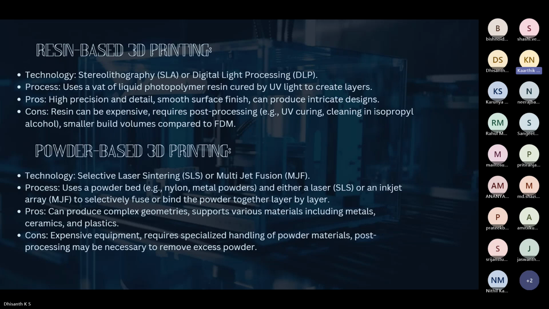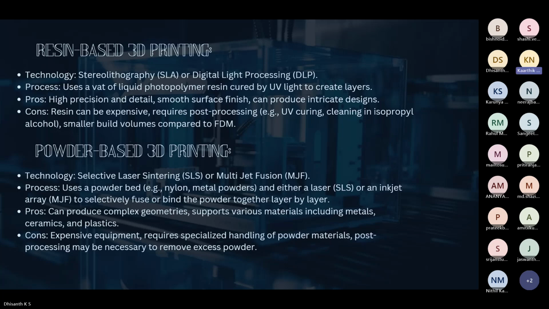And next, powder-based 3D printing. The technologies we use here are SLS and MJF, selective laser sintering or multi-jet fusion. The process is that we use powder bed fusion, and technology like SLS or MJF is used to fuse or bind the powder together layer by layer.